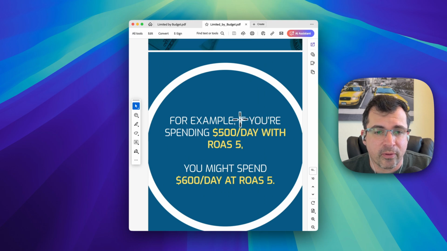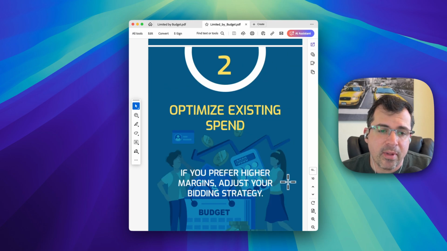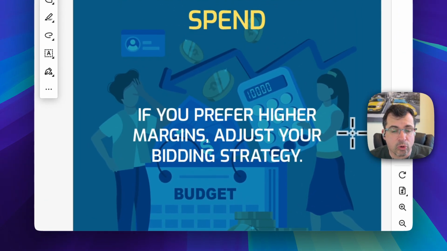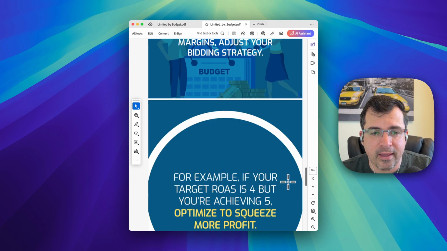So, for example, if you are spending about 500 per day with ROAS 5, you probably can spend 600 per day, and you still will be at ROAS 5. However, as I mentioned earlier, you can prefer not to increase your budget. You can prefer to go for better revenue or higher ROAS from your campaigns.